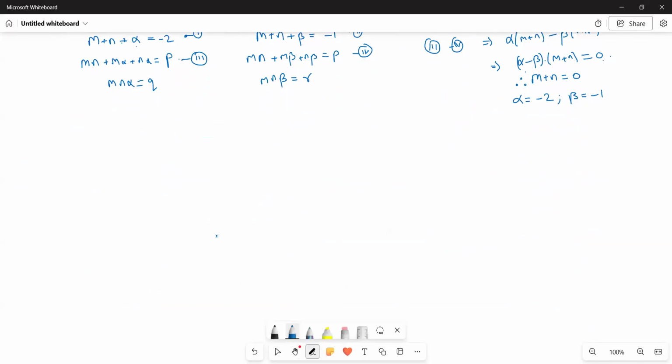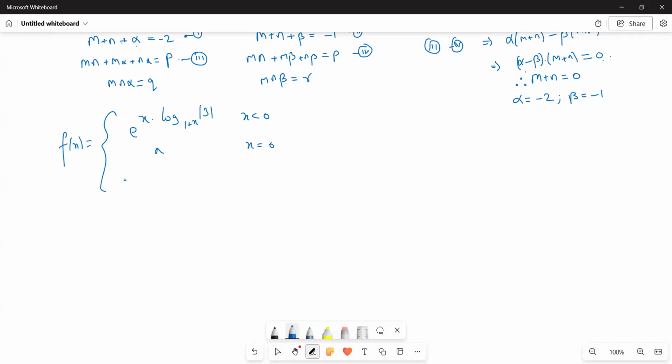So f(x) now, if we plug in all the values, would be like e to the power x into log of mod of alpha plus beta, so -2 -1. So ये हो गया 3, 1 plus x for x less than 0. A for x equal to 0.